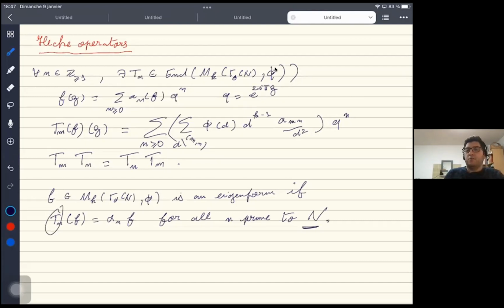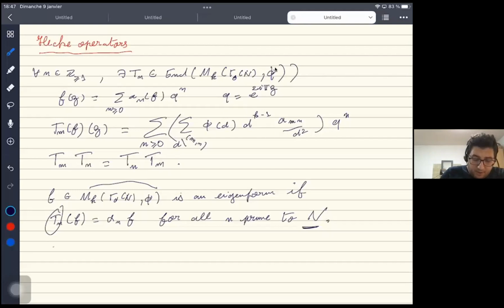I want to highlight here, I have not time to explain it, but such Hecke operators are semi-simple because they admit an adjoint under a certain pairing. And you have always a basis of eigenforms. This space is of finite dimension over C and admits a basis of eigenforms, meaning eigenvectors for all the Hecke operators, which is quite nice.